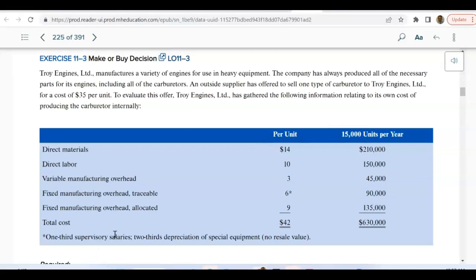Of the $6, 1/3 is supervisor's salary, which can be avoided, so it is relevant. 2/3 is depreciation of special equipment with no resale value. That means 2/3 of this $6 is not relevant, because you cannot avoid it. It's going to depreciate anyway, and there is no resale value. So just 1/3 of this $6 can be avoided, and it's relevant.